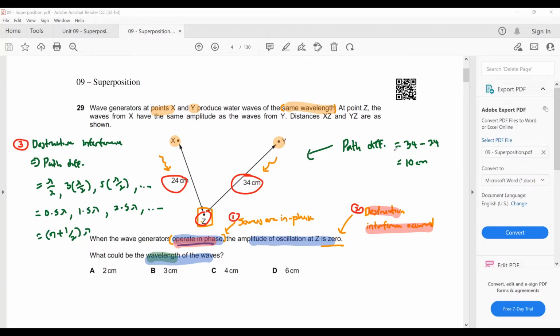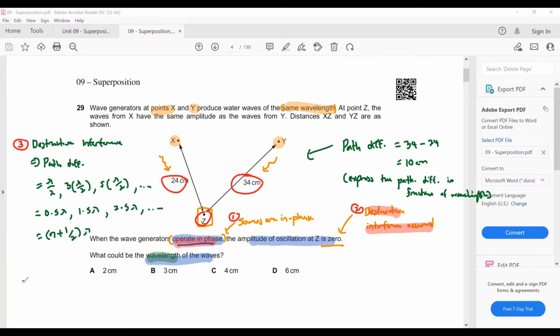fraction of a wavelength. Okay, express the path difference in fractions of wavelength. Okay, so let's just say your case here, you already have the possible values of wavelength.